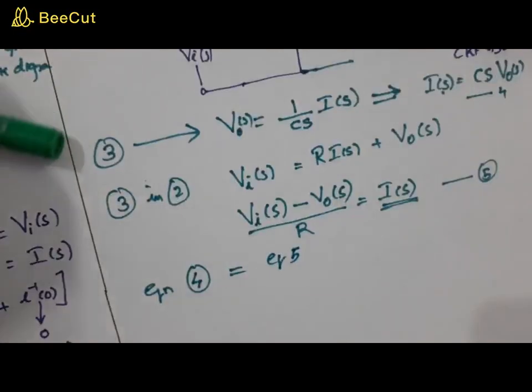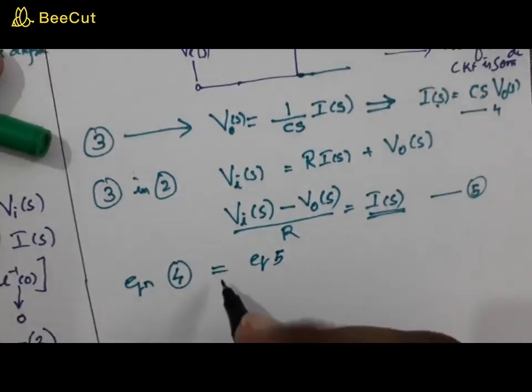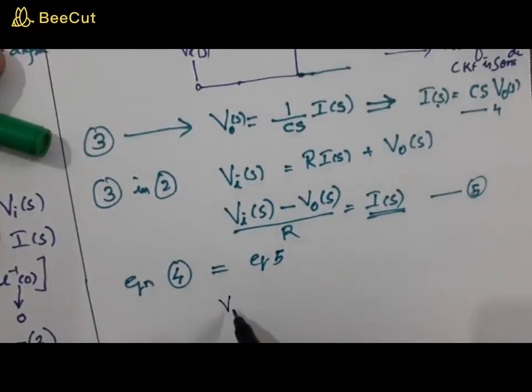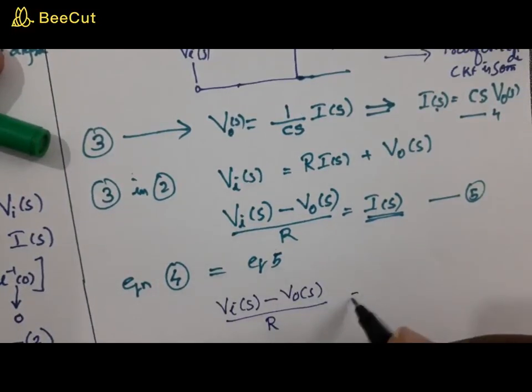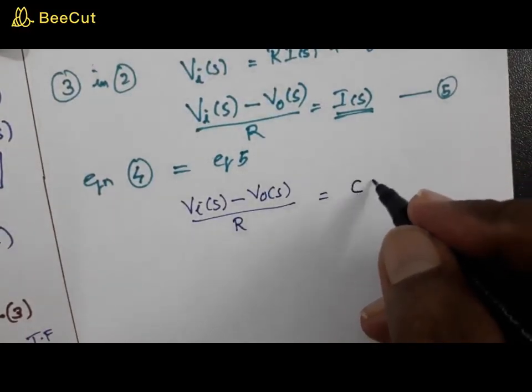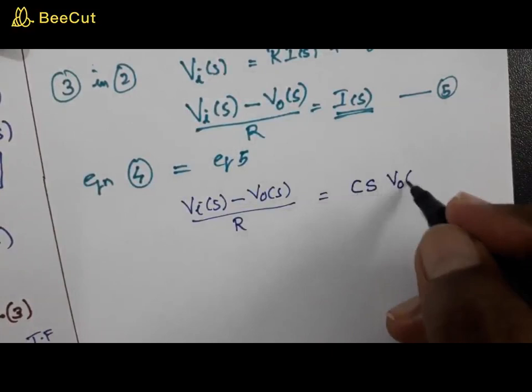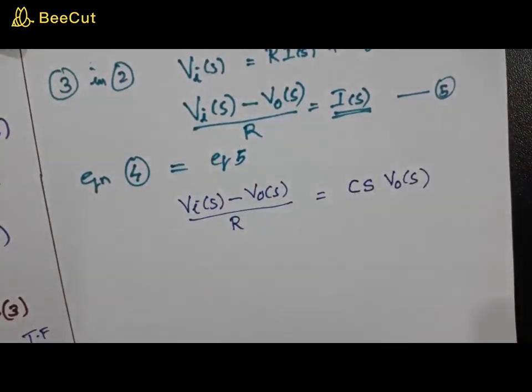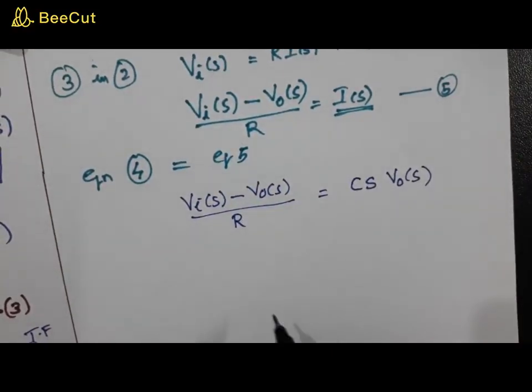Now when you equate that, what you get is Vi of s minus V0 of s by R is equal to Cs times V0 of s.